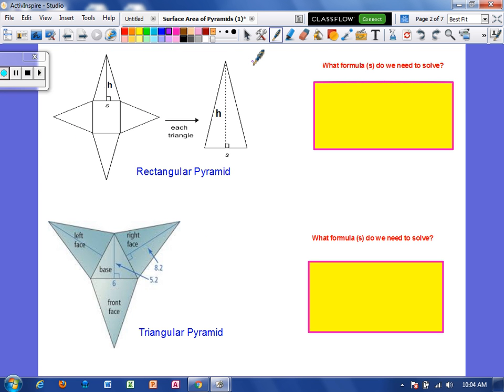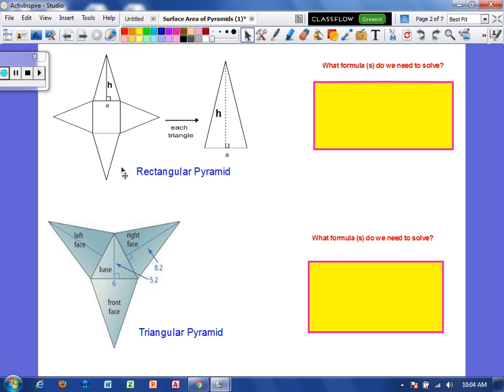So if we take the pyramids and fold them out so that we can see their nets, this right here is the slant height I was talking about, because if we were to pick this up, it would be slanted toward that top vertex of the pyramid. Just like with prisms, we are finding the area of each shape and then adding it together.